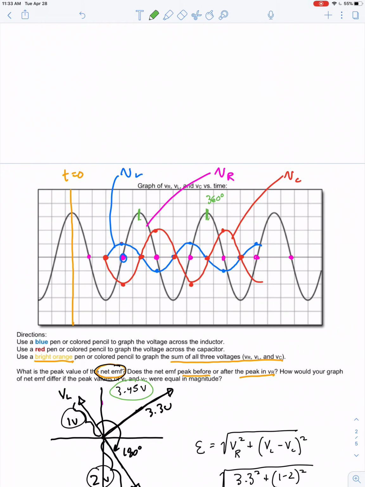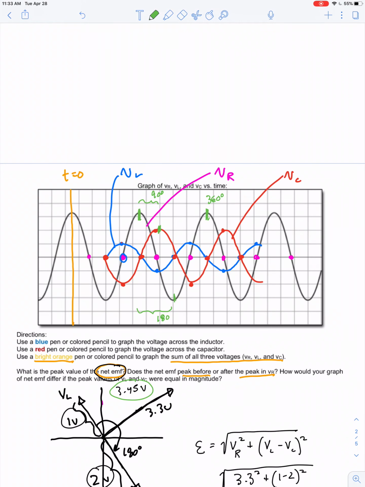That's a full cycle. So from here to here would be an angle of 180 degrees. That's half a cycle. And then from here to here, that's a quarter cycle. That's an angle of 90 degrees.